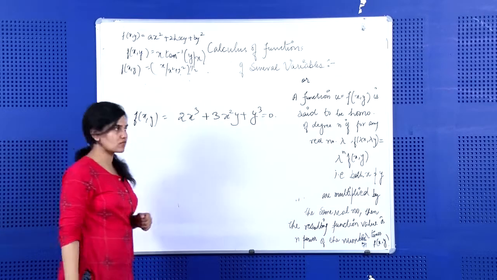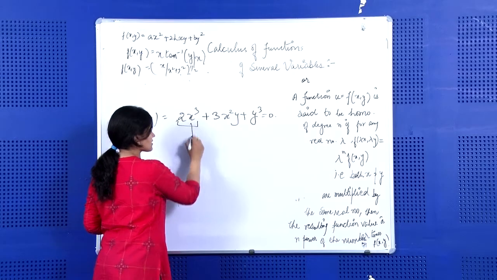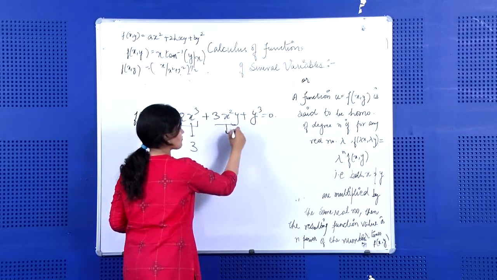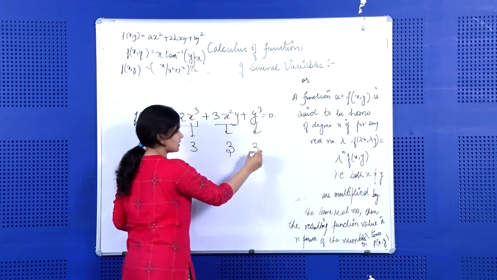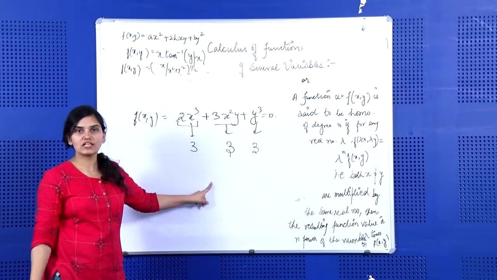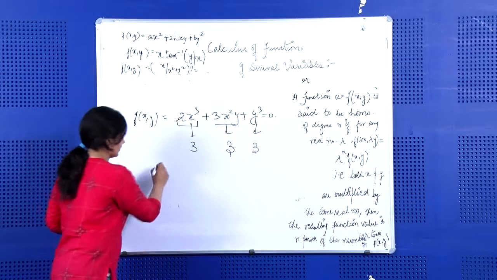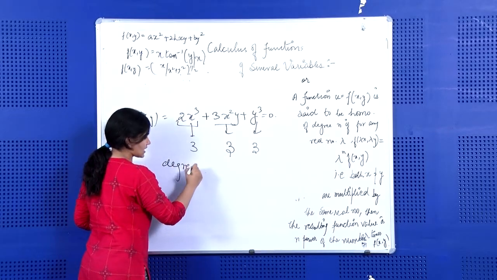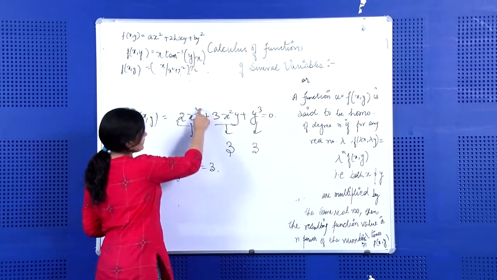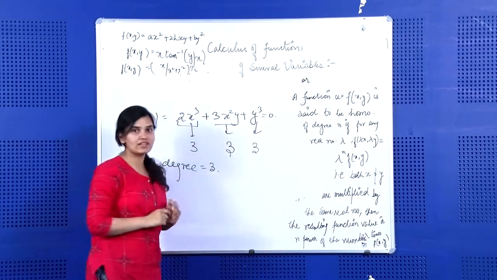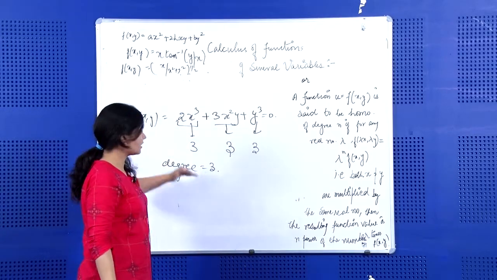Note, degree of first term 3, degree of second term 2 plus 1, 3, degree of third term 3. So, it is homogeneous of degree 3, since all the terms have the same degree 3.